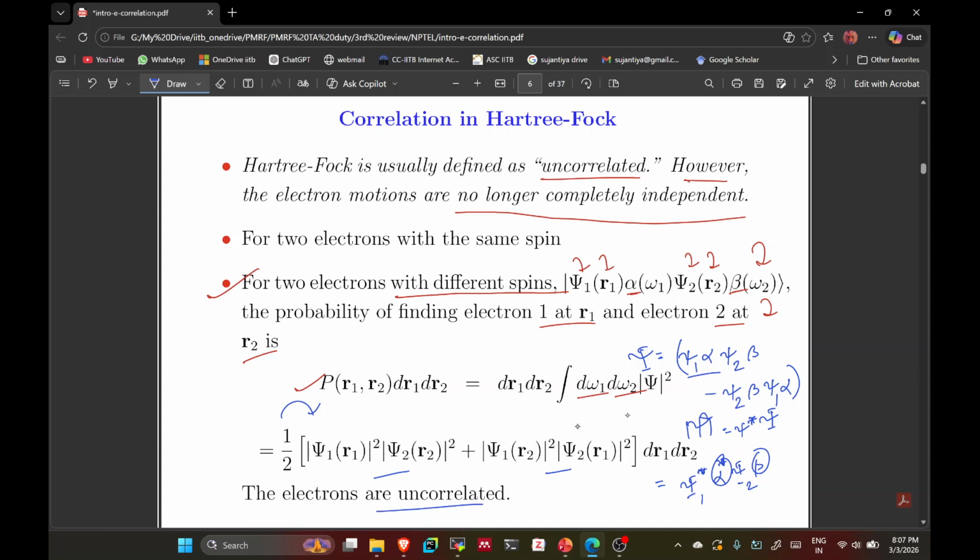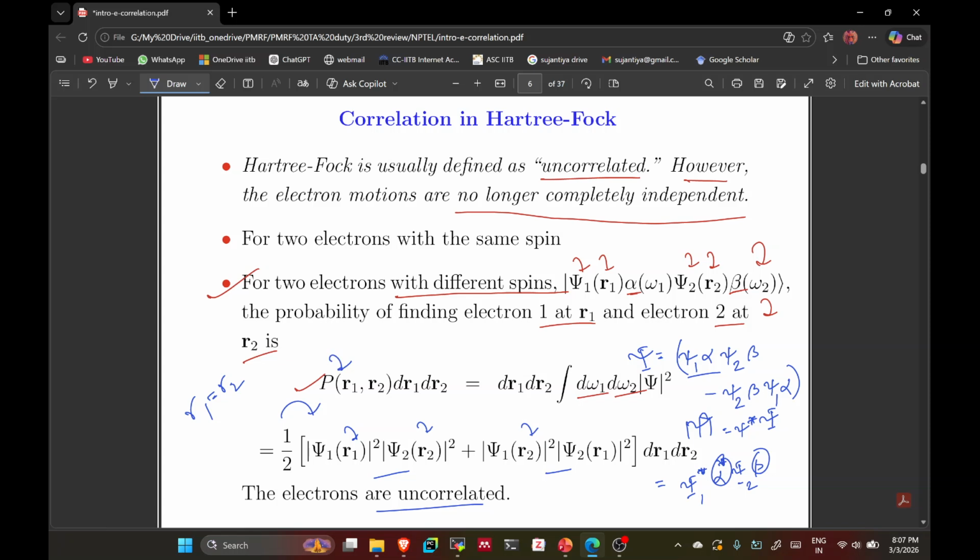Now why? Because electron correlation means that electrons are never going to be at the same position. Now if you put r2 equal to r1, it actually allows you to put r1 equal to r2, so you will get a probability, right?